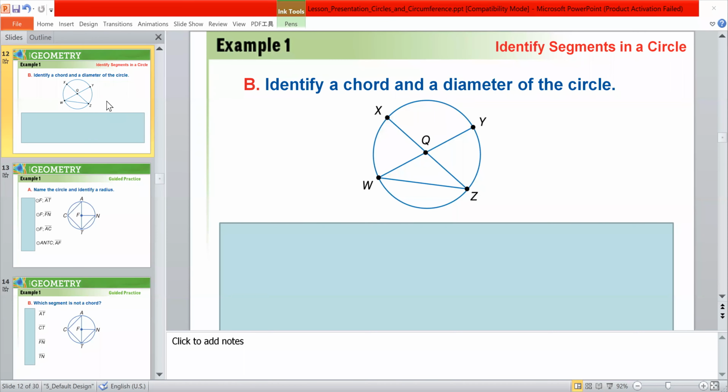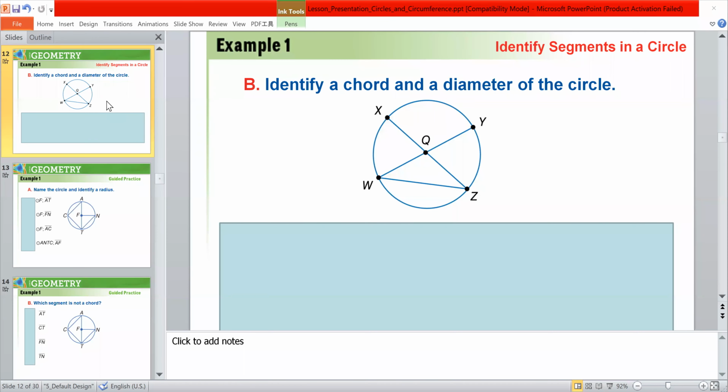If I'm talking now about a diameter, we have to choose, as Abdullah said, the diameter will be WY. Or you have another diameter? Yes, XZ. Excellent. So XZ also is a diameter.